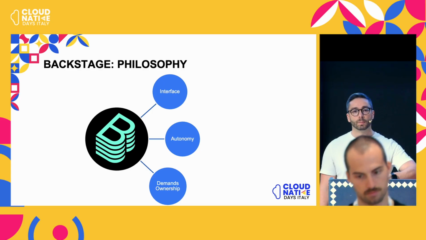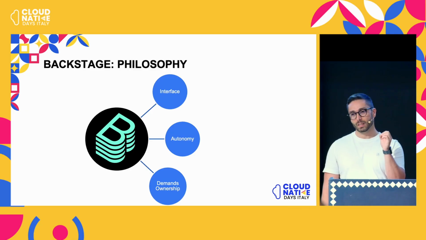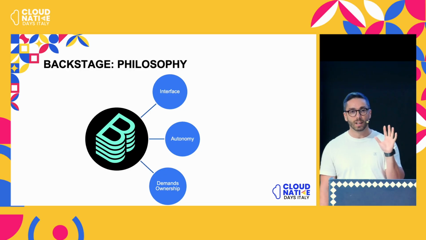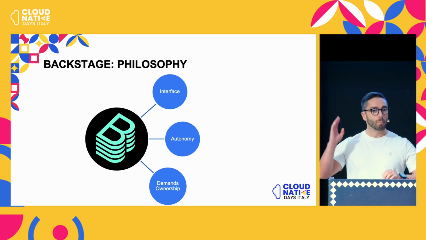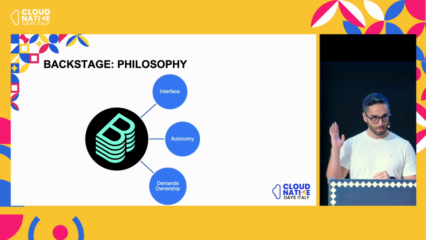It's about autonomy. Fun fact: the central instance of Backstage at Spotify is maintained by five people. Five people managing a central instance. But what is interesting is that there are 100 teams inside Spotify developing plugins. So bring your own plugin and play.